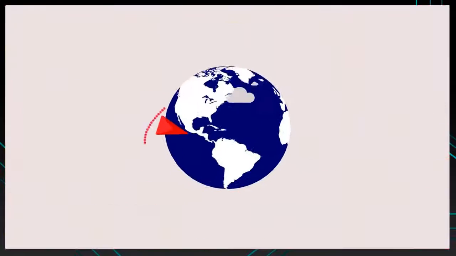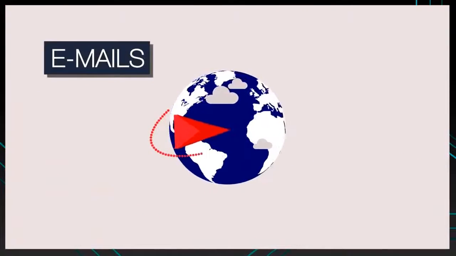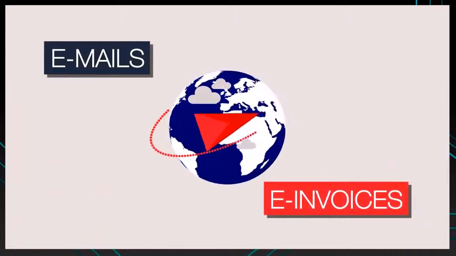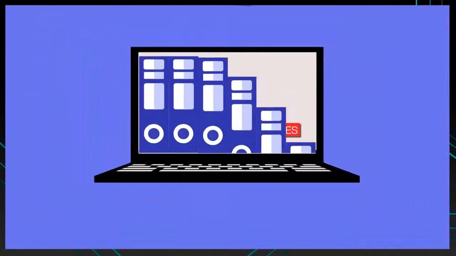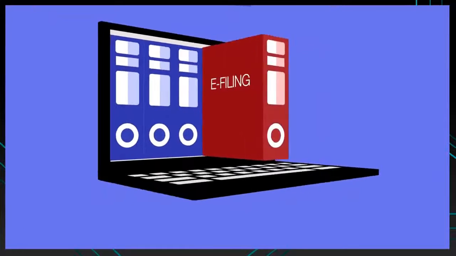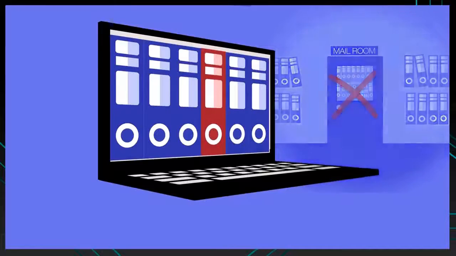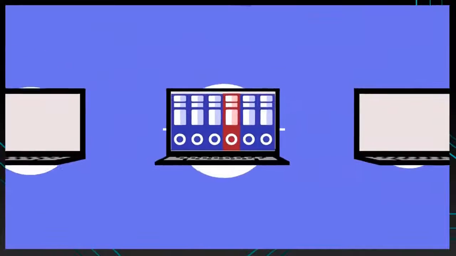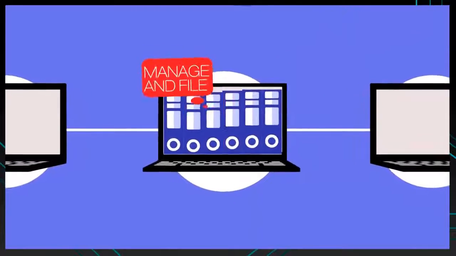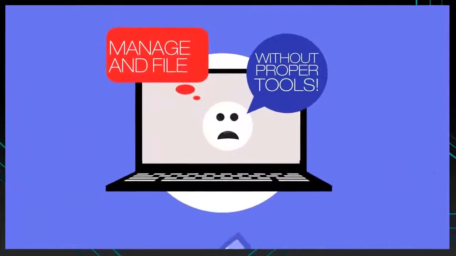Letters are replaced by emails. Invoices are now e-invoices. And everything is generated electronically. For example, e-filing, email filing, and so on. Mailrooms no longer function because we have bypassed them. Thus, important documents are left to the recipients to manage and file without the proper tools.